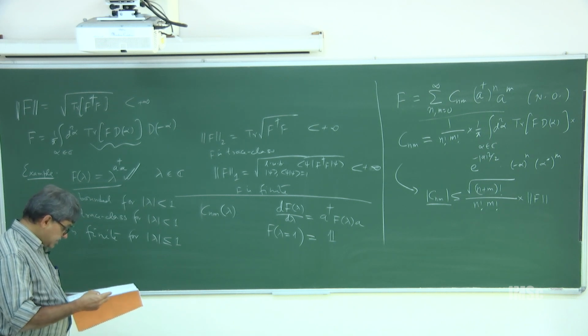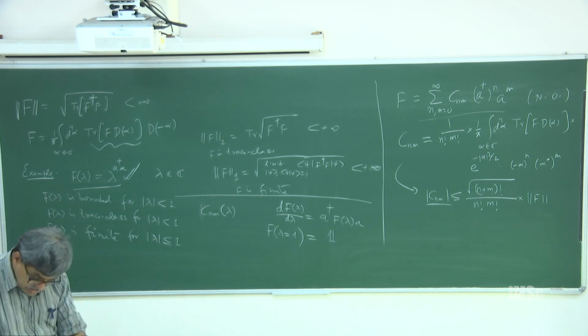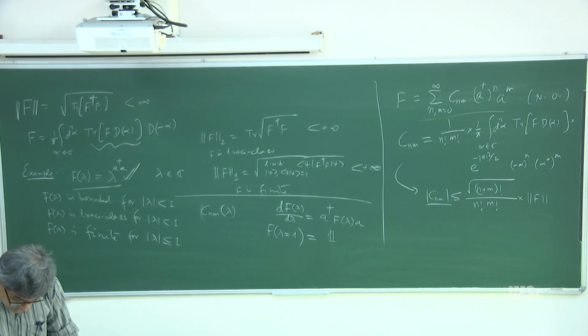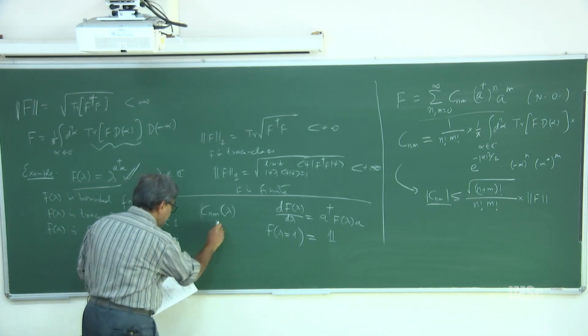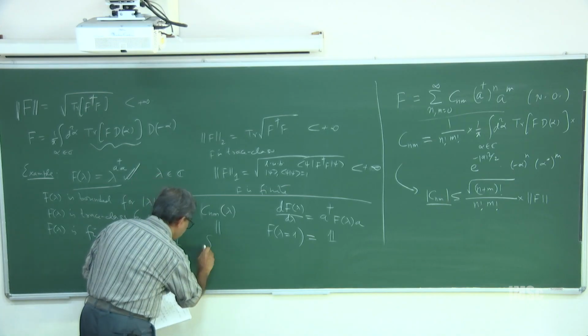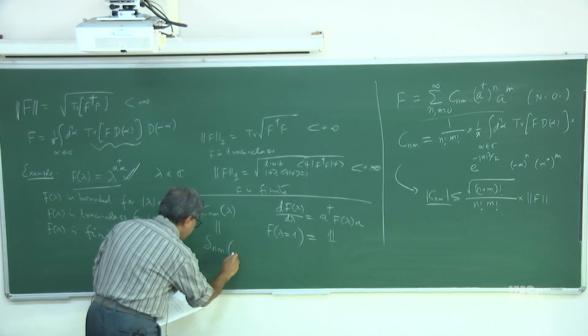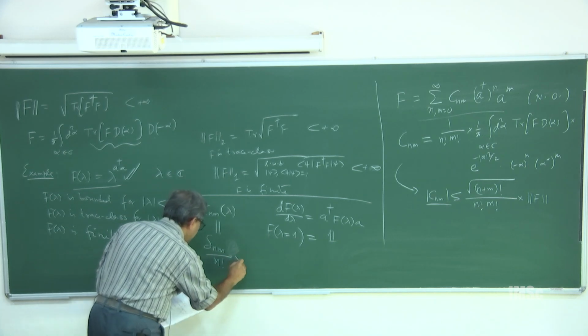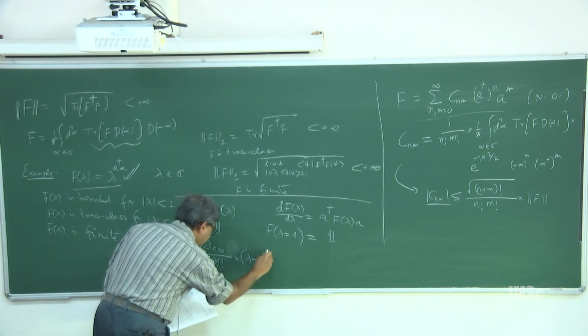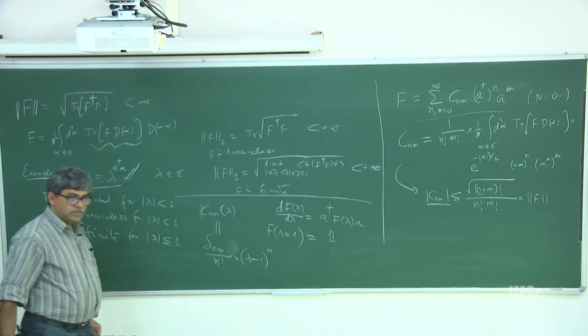Let me see. I think we calculated it. Yes, so basically this is delta n m divided by n factorial, into lambda minus 1 whole to the power n.